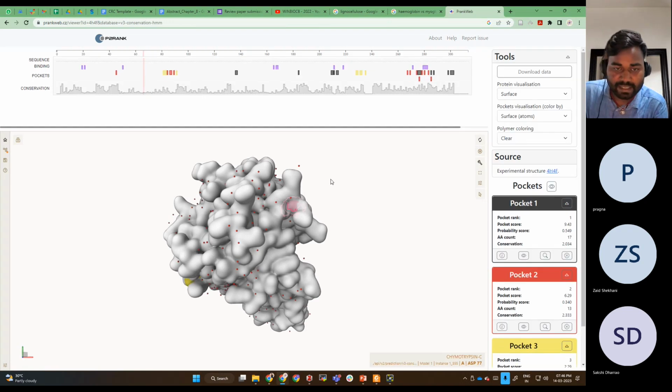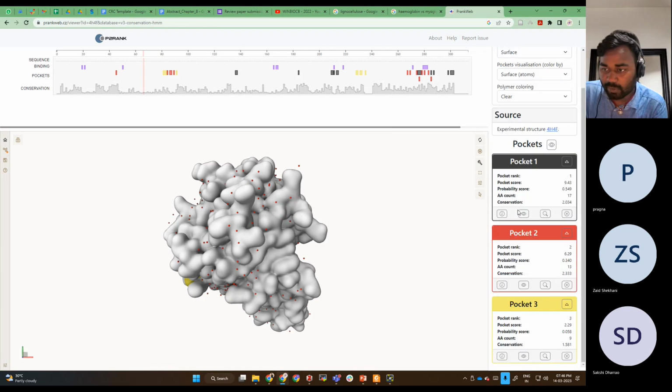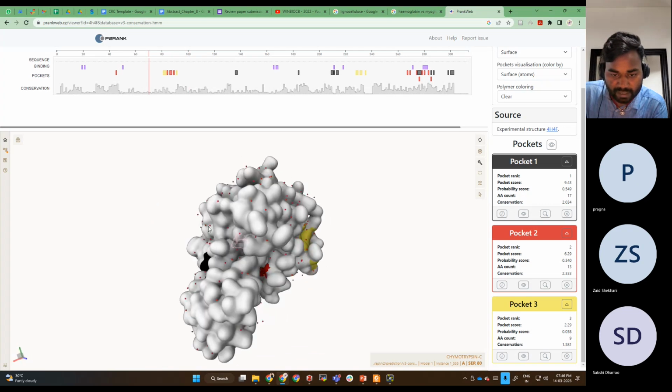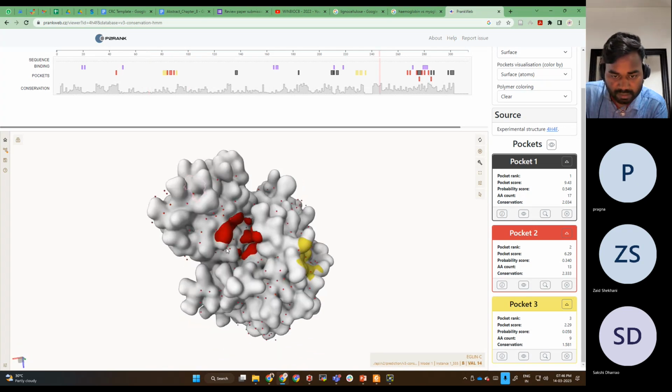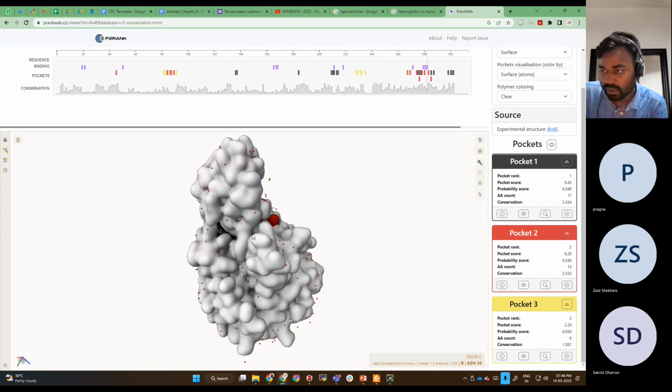So how many pockets has it suggested? There are a total of 3 binding pockets, and these are colored. The highest score binding pocket is this one, 9.43.